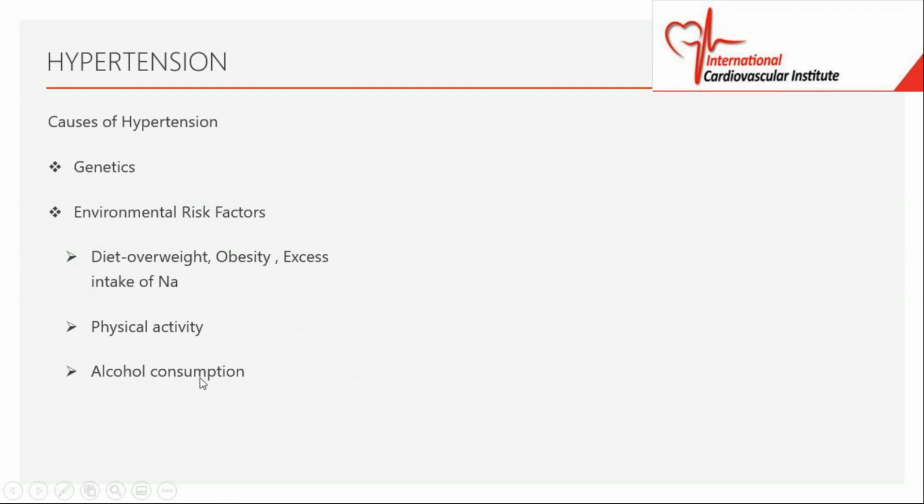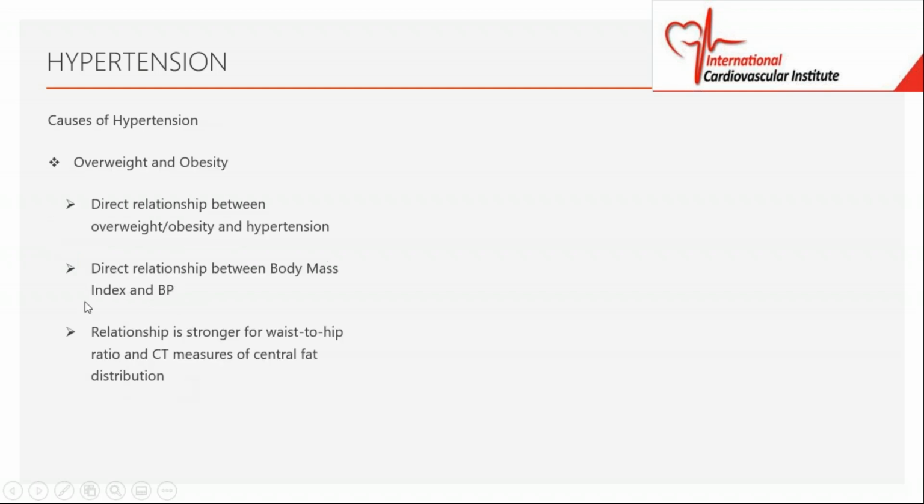Okay, so one of the first steps in treating hypertension is lifestyle changes, and we talk about the diet, the overweight individual, excess sodium intake, because remember, salt is in everything, and we eat a lot of preserved stuff which contains sodium, physical inactivity, and alcohol consumption. So what about our overweight and obese individual? There has been a direct relationship between overweight, obesity, and hypertension.